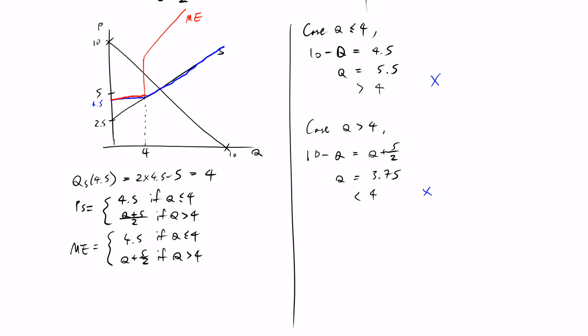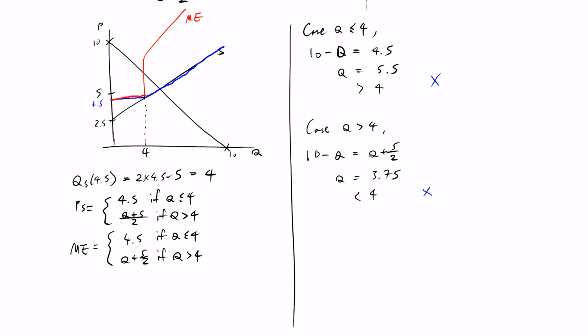So he wants to hire more than 4. But want is different from what you can do. So in this case, what he can actually do is still hiring 4. He's not satisfied, but that's the best he can do. So when you have the demand curve going through the vertical segment here, the employer wants to hire more at minimum wage, but he is unable to, so he's just going to hire as many as he can find, which is 4, right?